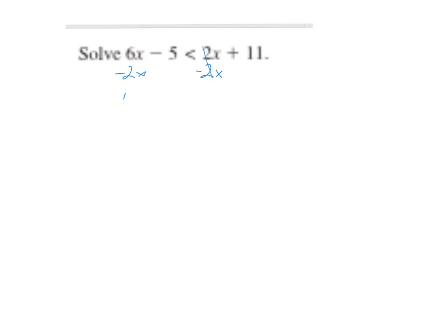That would give us 4x minus 5 is less than 11. Now at this point you're going to be looking for order of operations backwards, so any addition or subtraction, and we're going to want to get rid of this negative 5. So the inverse of minusing 5 is adding 5. So we're going to do that to both sides. That gives me 4x is less than 16.